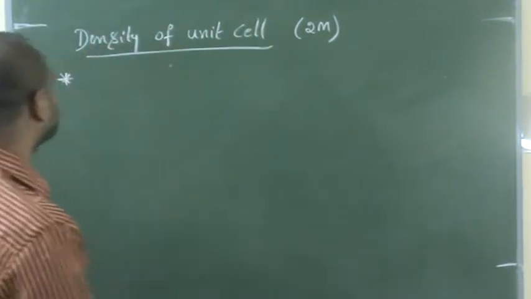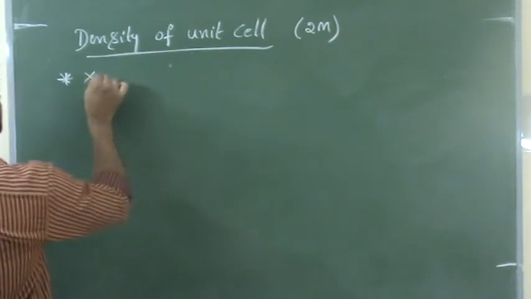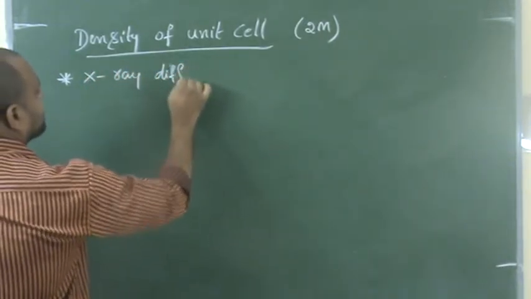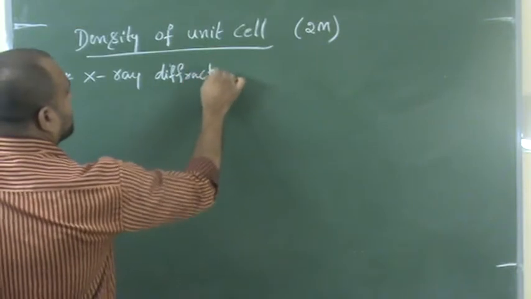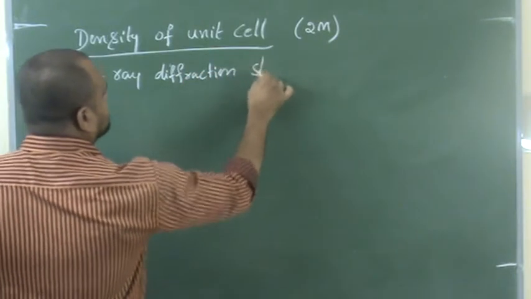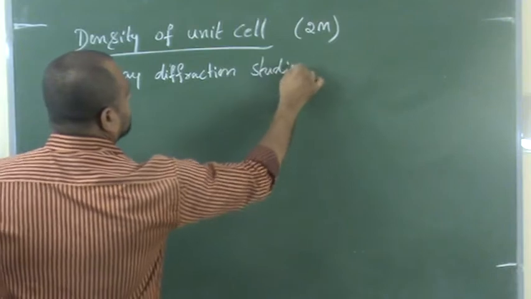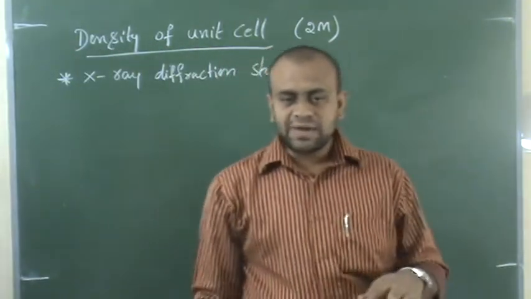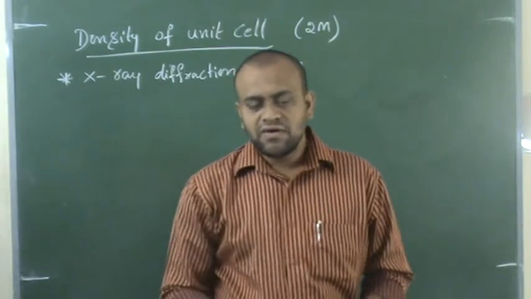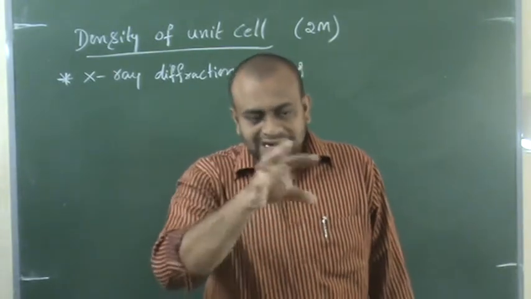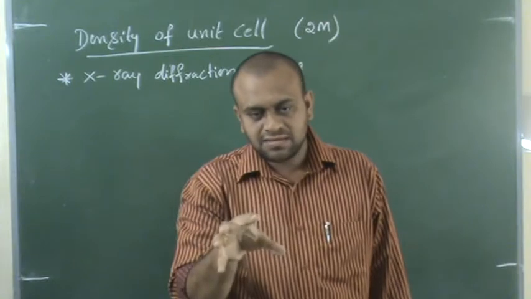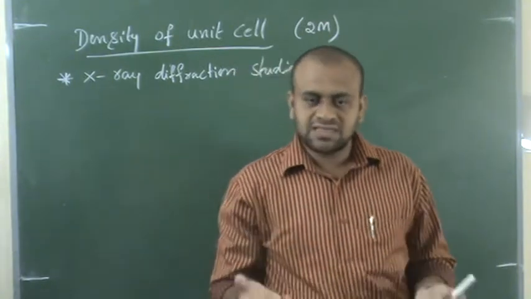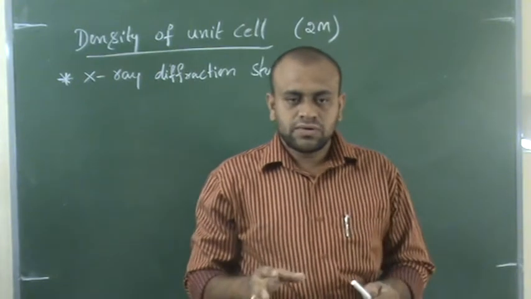Okay? So what helps us? X-ray diffraction studies. By passing X-rays and by diffraction of X-rays, we come to know the nature of the crystal lattice. That means what kind of unit cell it is, whether it is FCC, BCC, primitive, right?